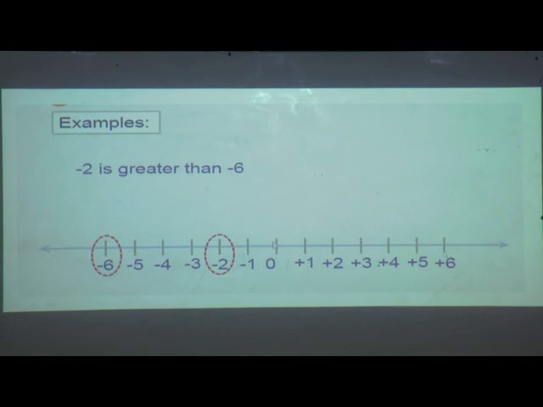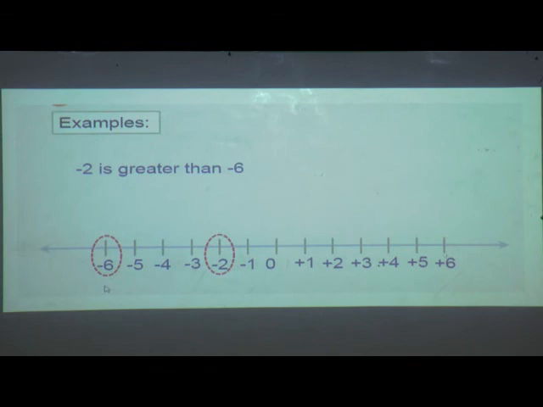Now we have to represent -6. As it is minus, we have to move towards the left. So from 0 we have to move 6 steps towards the left. So 1, 2, 3, 4, 5, 6. Here is the -6. So we have represented -2 and also -6. Now we know that if we move in the left direction, the number goes on decreasing.